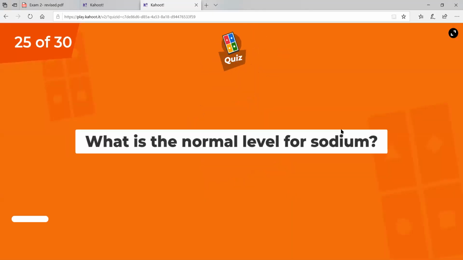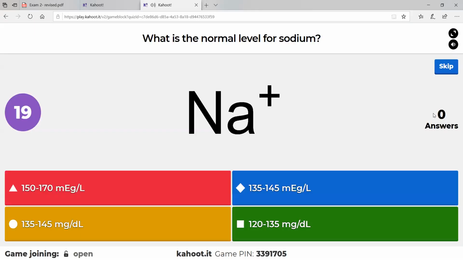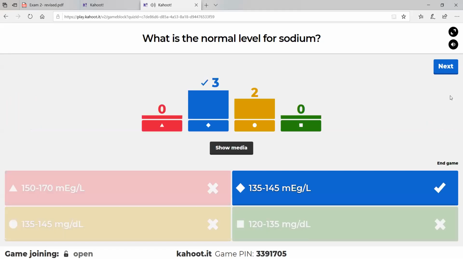I think I put a few of those here. What's a normal level for sodium? Okay, 135 to 145.